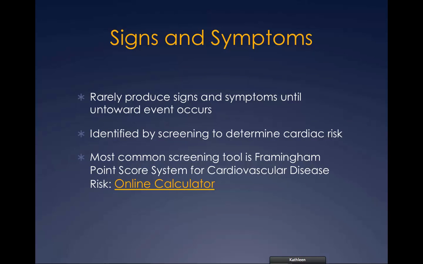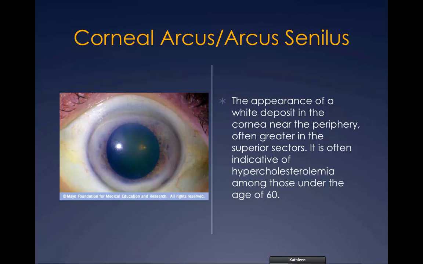Dyslipidemia rarely produces signs and symptoms until an untoward event occurs. We identify risk by using the cardiovascular risk calculator, which was that link that I gave you. Corneal arcus or arcus senilis is the appearance of a white deposit in the cornea near the periphery, often greater in the superior sectors.